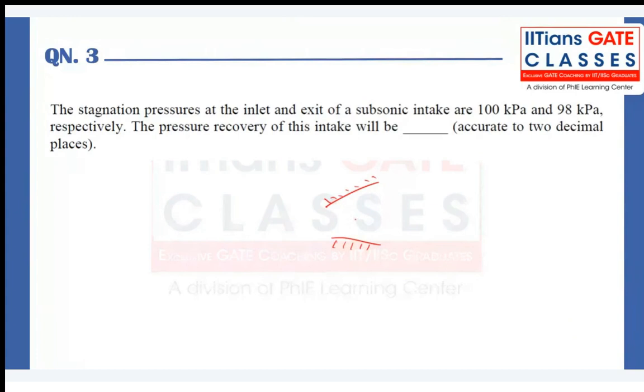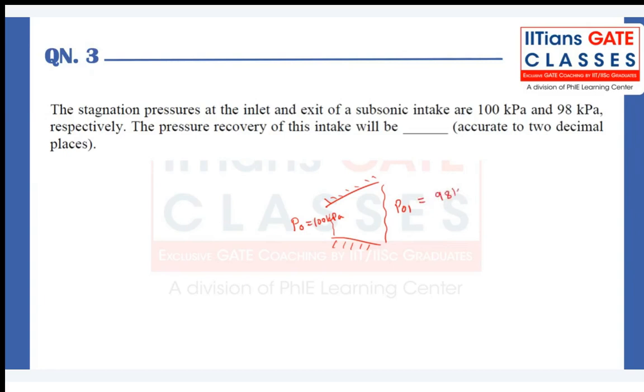So the diffusers are those ducts in which kinetic energy will be changing into pressure energy. So in this case, the incoming P naught is given to be 100 kilopascal, and I have the exit P naught, say P naught 1, as 98 kilopascal.